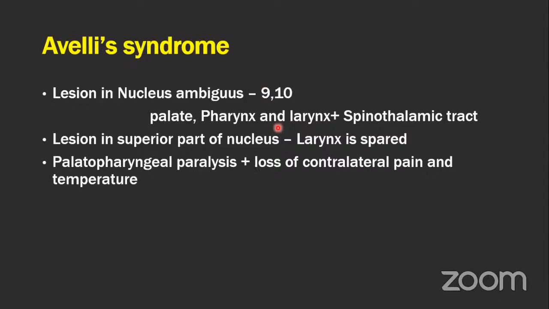And if only the superior part of nucleus ambiguus is involved, the larynx will be spared. In complete affection of the nucleus ambiguus, 9 and 10 will be affected, so palate, pharynx and larynx will be affected. But if only the superior part of nucleus is involved, larynx will be spared.